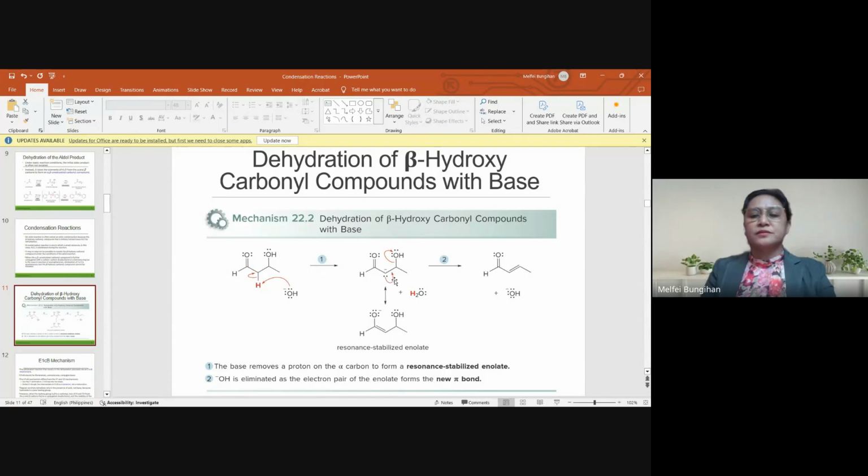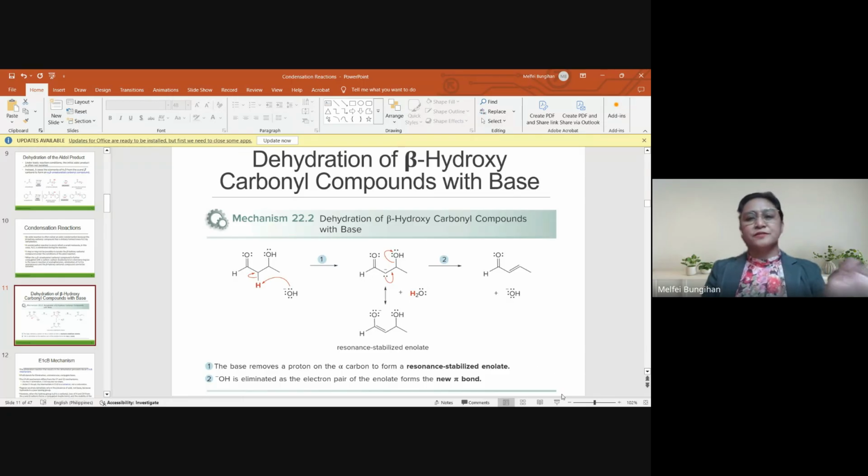So that is now spontaneous removal of water. This goes through, having now your alpha beta unsaturated compound.